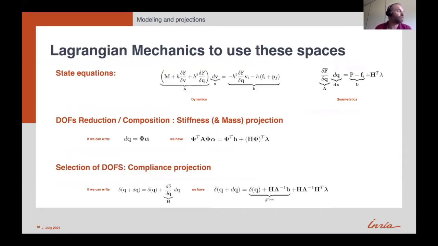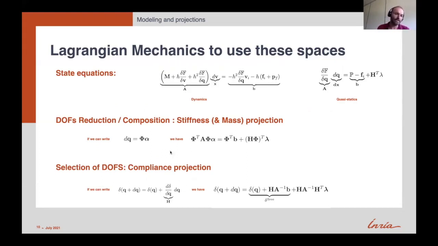To go from one space to another, we are using Lagrangian mechanics. Remember that we have 2 types of equation, dynamics and quasi-static. You can play with the space. You have 2 types of projection you can do.